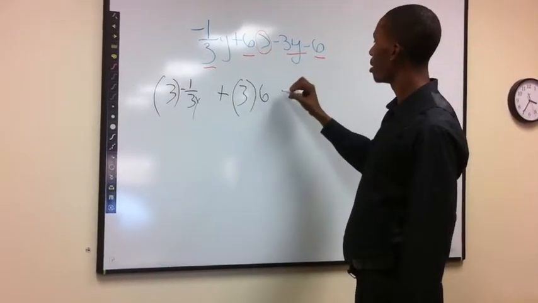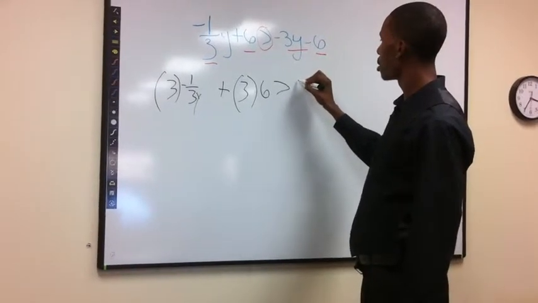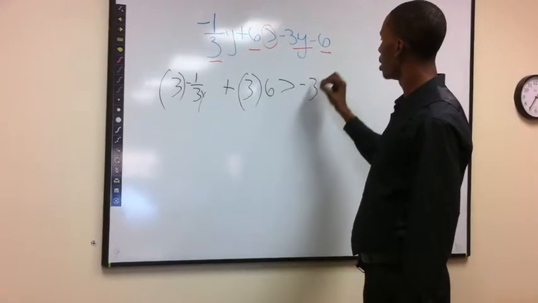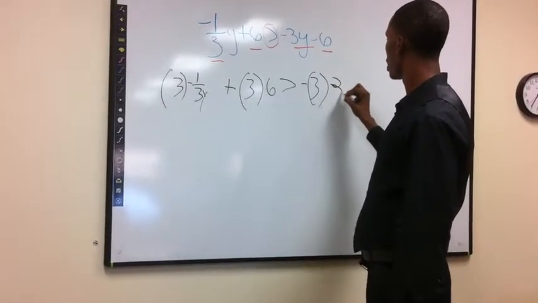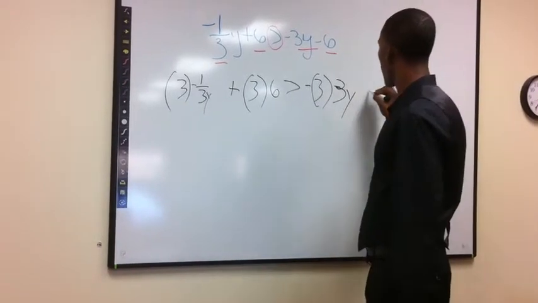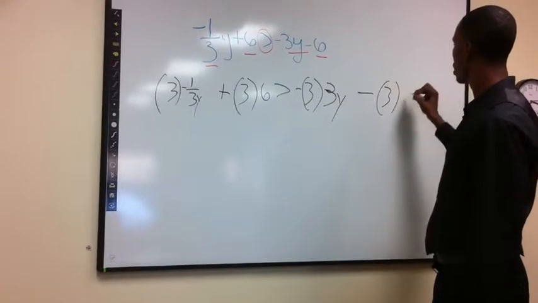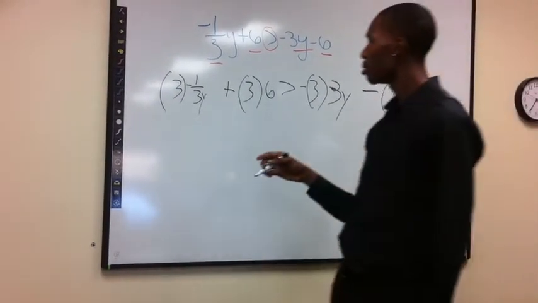Then we have the inequality sign. We have 3 times negative 3y, minus 3 times 6. Let's go ahead and solve it.